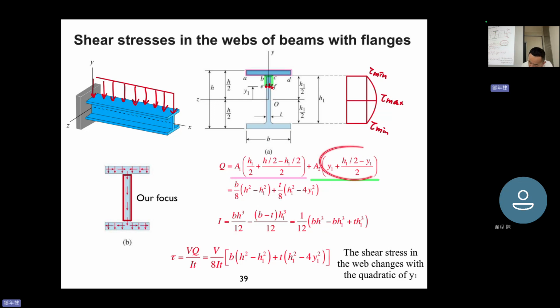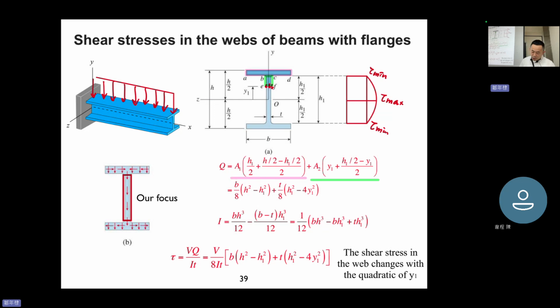So this is the centroid to the neutral axis. Okay, so after that, Q equals this. So basically it's still the same. We want to determine the shear stress at this level, and we determine the Q of the upper part of the area.